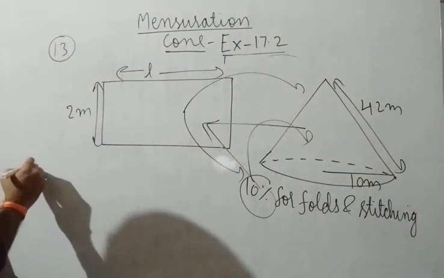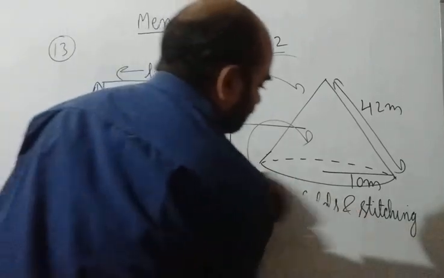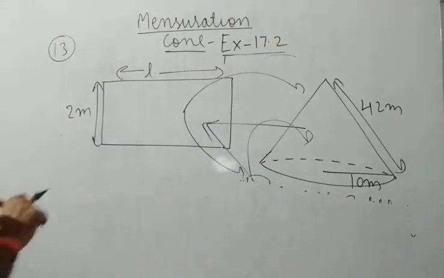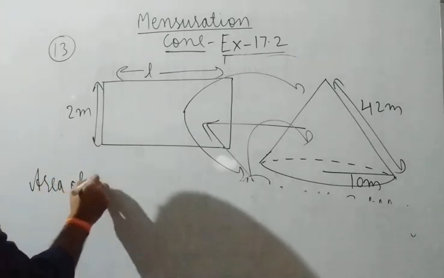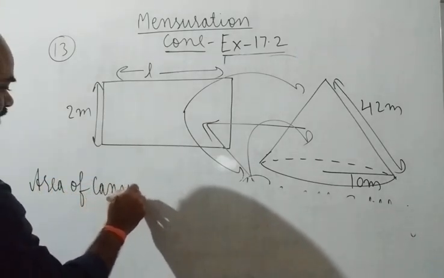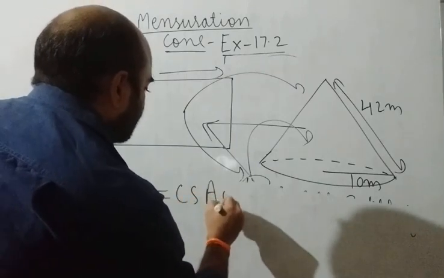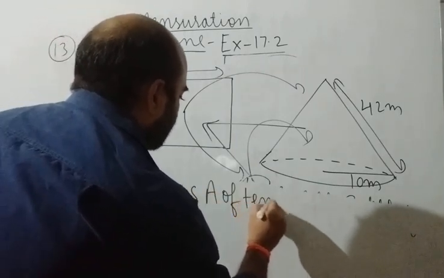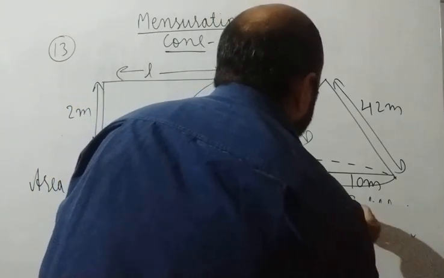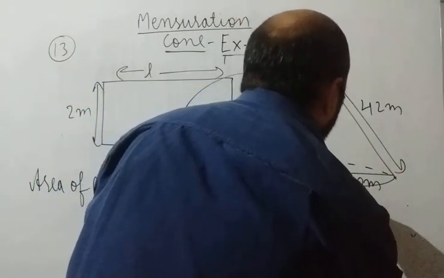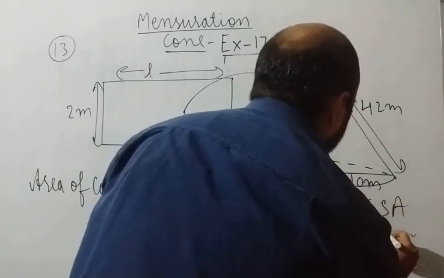We can write, see this, that I am writing: area of canvas is equal to curved surface area of tent plus 10% of curved surface area of tent.